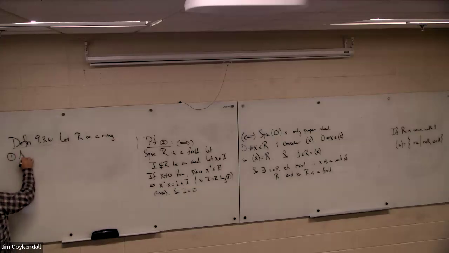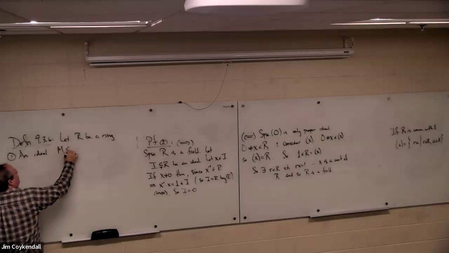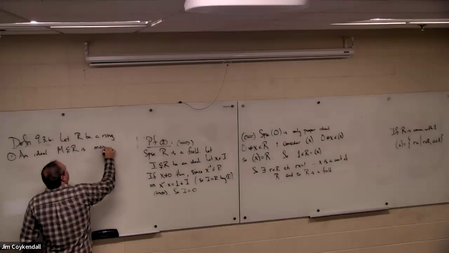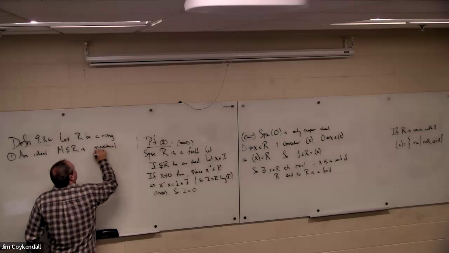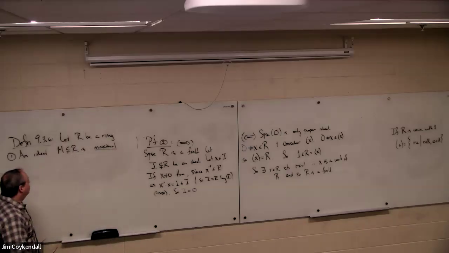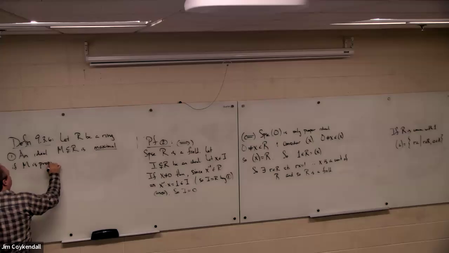Number one, an ideal M in R is maximal, and I want to reemphasize this, if M is proper. I don't want it to be the whole ring.